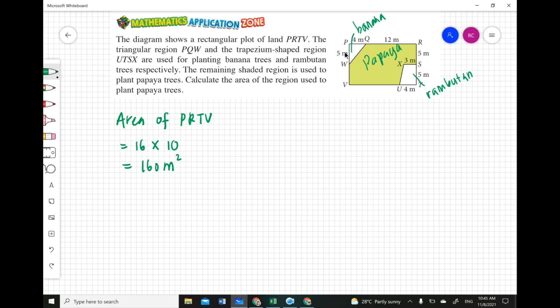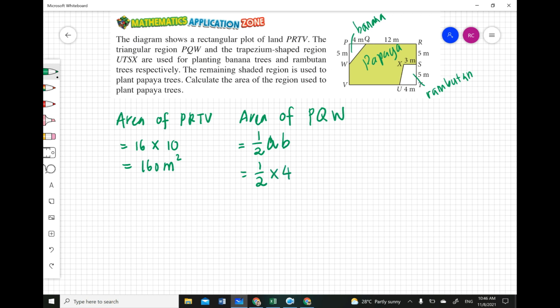Okay, now we are going to get the area of a triangle. So the name of the triangle is PQW. Okay, the formula is 1 over 2 times base times height. So it is 1 over 2. I write down for you. Later on, you don't have to show this. Just to let you know, the A will represent the base, which is 4.